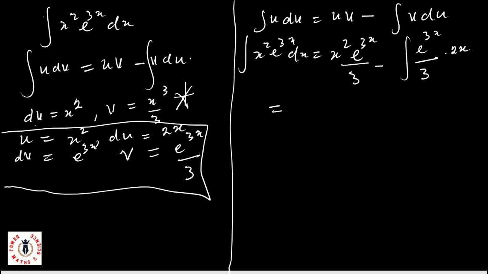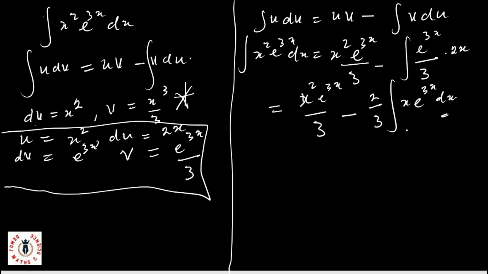So that this is the same thing as x squared e raised to power 3x over 3 minus 2 over 3, the integral of x e raised to power 3x with respect to x again.